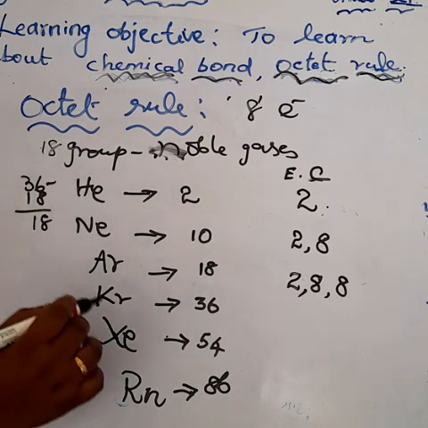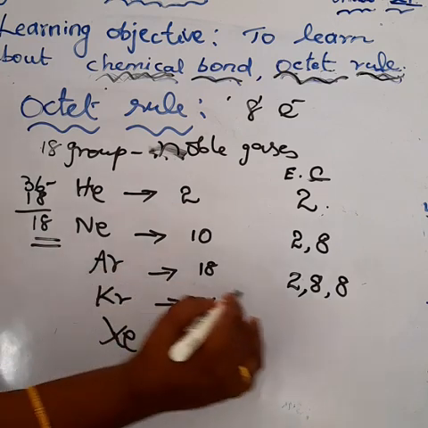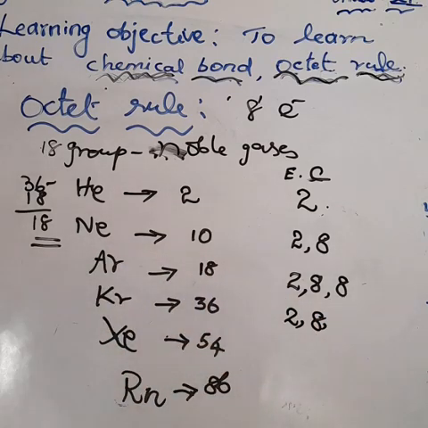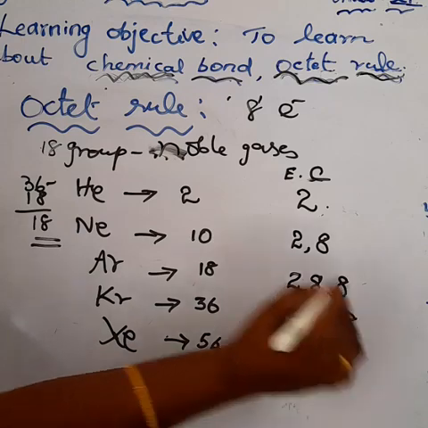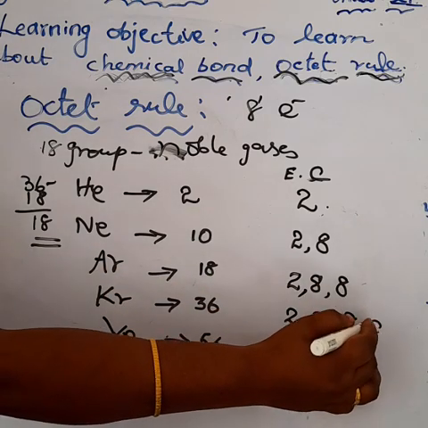The first orbit can occupy 2 electrons, the second orbit 8 electrons, and the third orbit can occupy a maximum of 18 electrons, and finally the last 8 electrons.